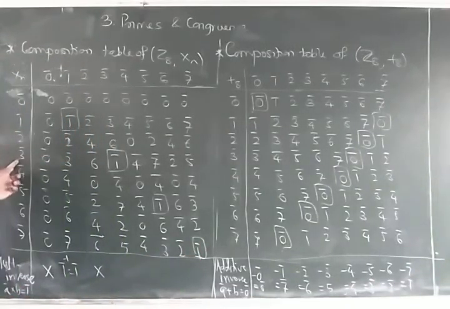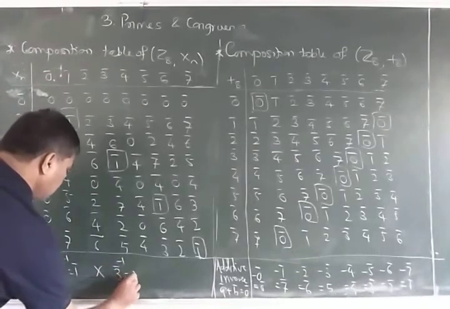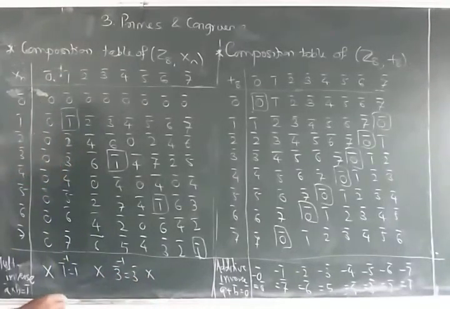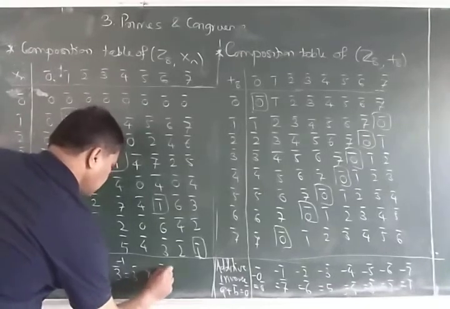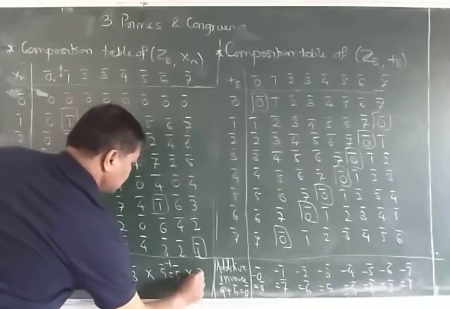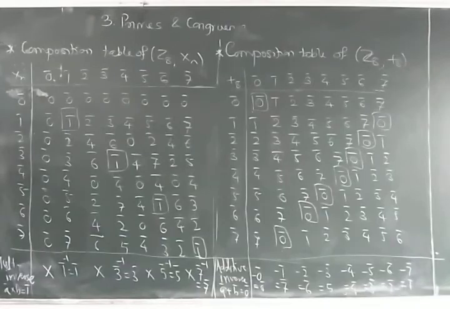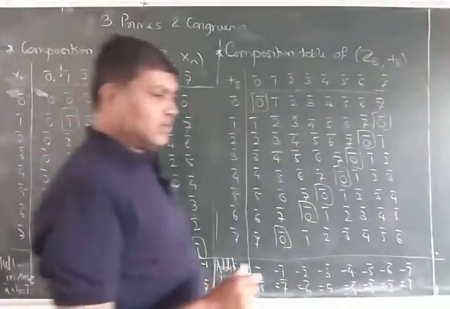So what is 3 bar inverse? 3 bar inverse is equal to 3 bar. This has no inverse. 5 bar inverse is equal to 5 bar. No inverse, and 7 bar inverse is equal to 7 bar.